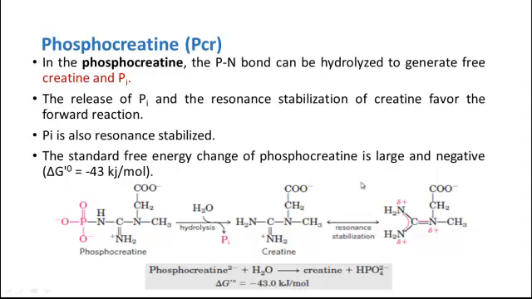So the hydrolysis reaction has resulted here in the formation of creatine and inorganic phosphorus, both of which are stabilized by the formation of their resonance structures, and the energy produced is minus 43 kilojoule per mole.